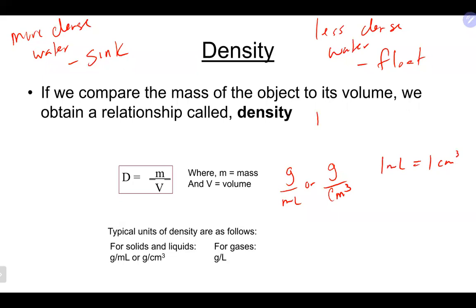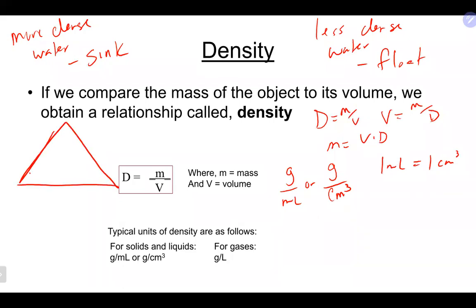Density is mass divided by volume. Volume would be mass divided by density. Mass would equal volume times the density. Sometimes people like the DMV triangle. Everybody loves the DMV. So density is mass over volume, volume is mass over density, and mass is density times volume.